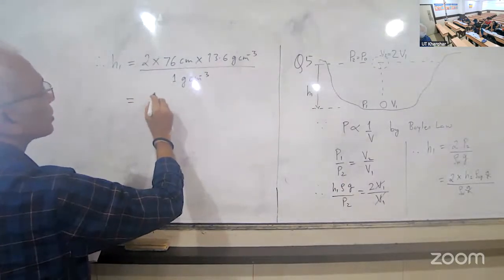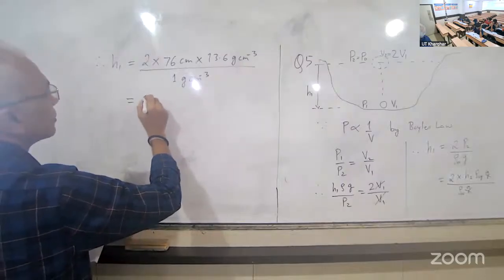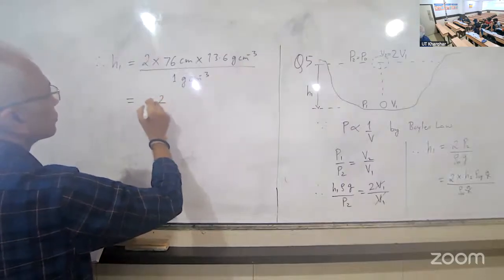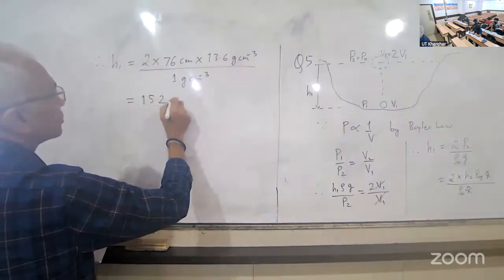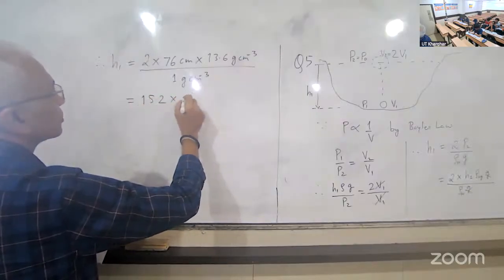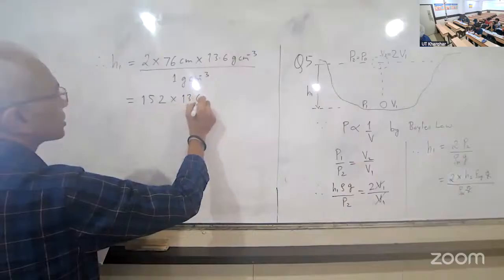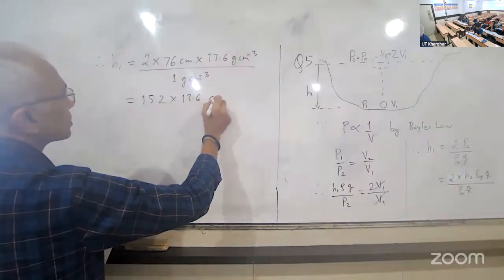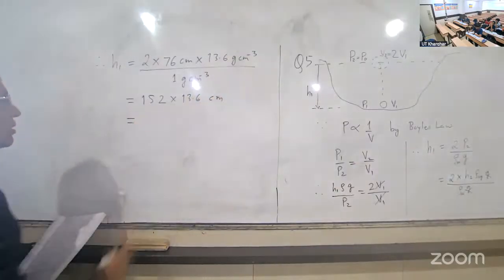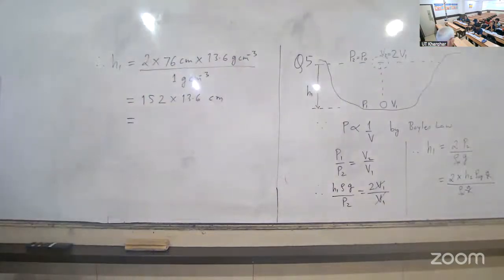So what do you get? 76 into 2 into 13.6 centimeter. This will be the height you get. So find out how much this is.